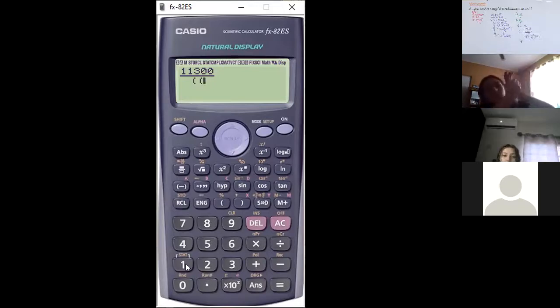I mean, we're going to place 1 plus, open a second parenthesis, and we're going to write the product between 3 times 29 times 10 to the negative 6 power, and at the same time multiplying by 90.